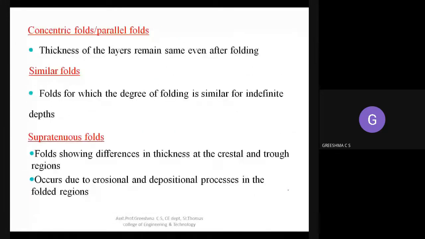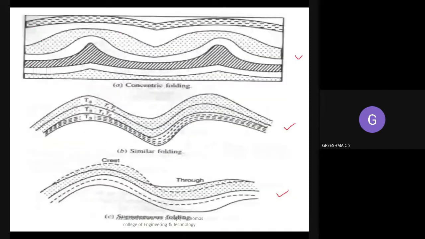Coming to the concentric folds, it is also called parallel folds. Here the thickness of the layer remains the same even after the folding. Even after the undulations have occurred, or even after the bending has occurred, the thickness of the rock has not changed. Thickness will remain the same.